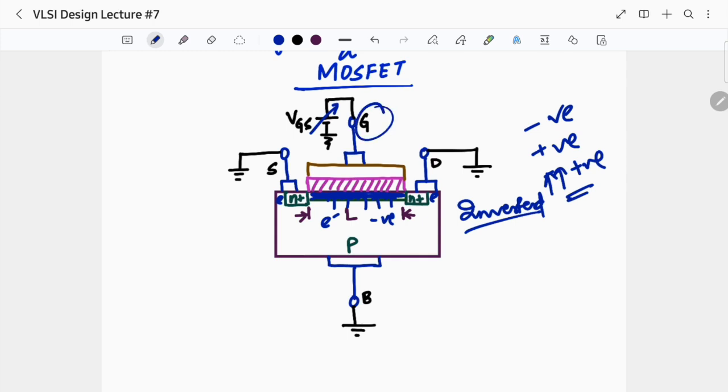And at the gate, what kind of voltage have we given? An increased positive voltage, so the voltage around here is positive, this side is negative. And between this positive and this negative, we have the oxide layer.